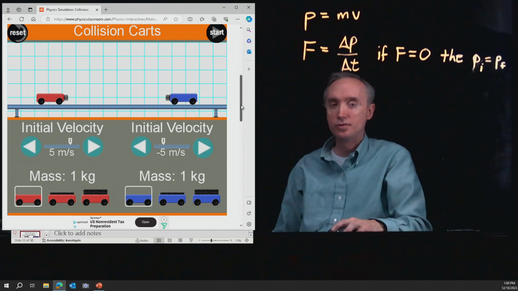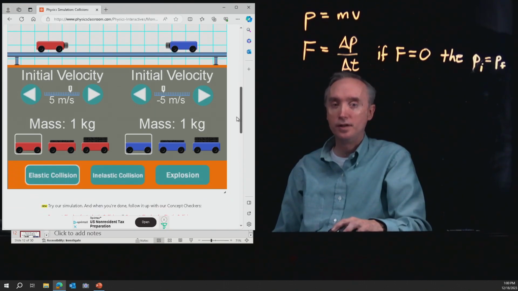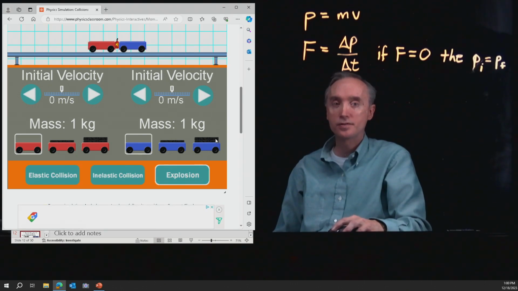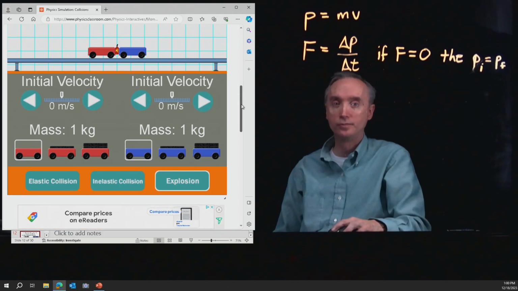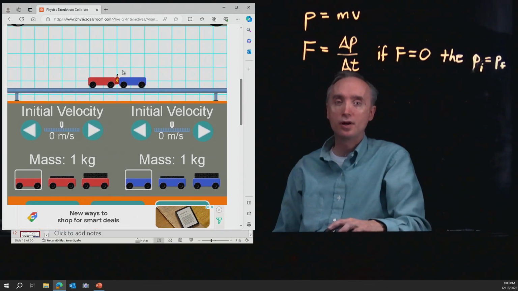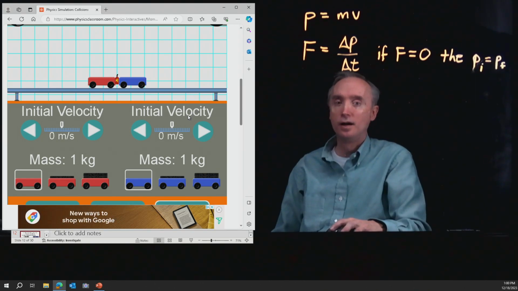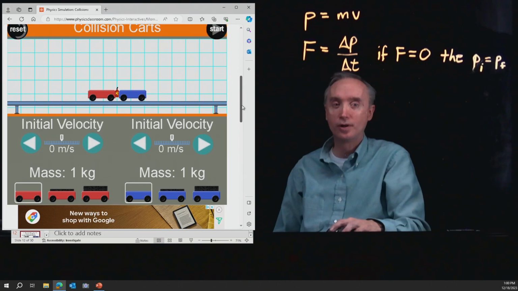Now, we want to first do the explosion. So I'm going to click on this, and now I've got the explosion set up to go. Notice that the two carts are connected together, and the initial velocity of each of the two carts is set for 0, but let's just go ahead and do that just to see what happens.